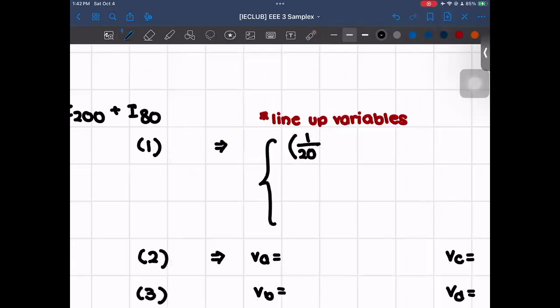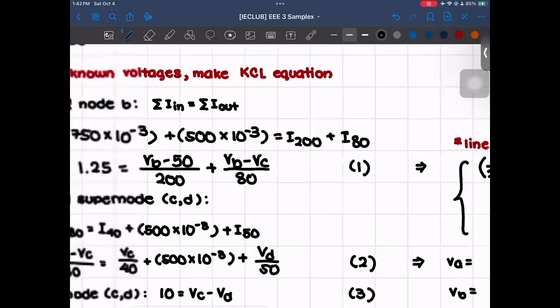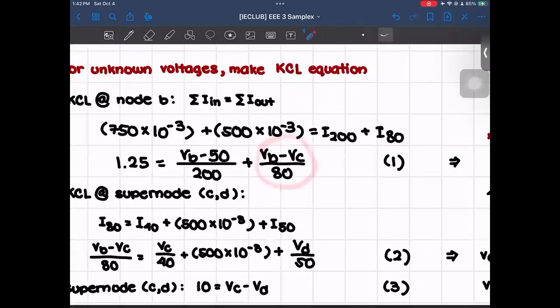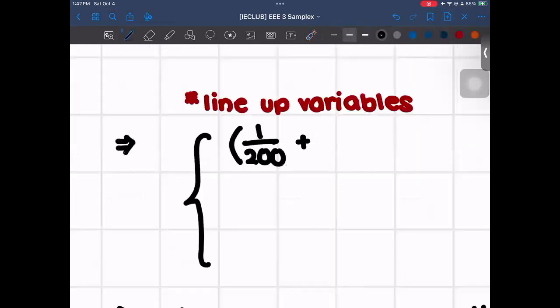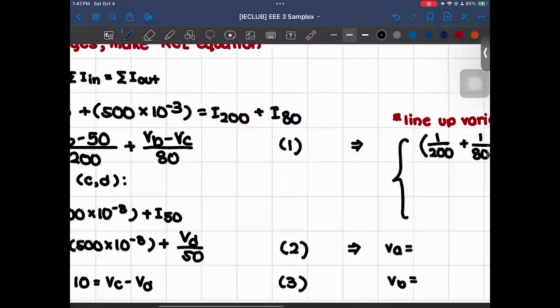Then let's check out the other variables. There's also a VB here. So that will be equal to VB over 80 minus VC over 80. We could actually combine these together. So that will be 1 over 200 plus 1 over 80 is equal to VB. Then we do know that VC is equal to negative VC over 80.